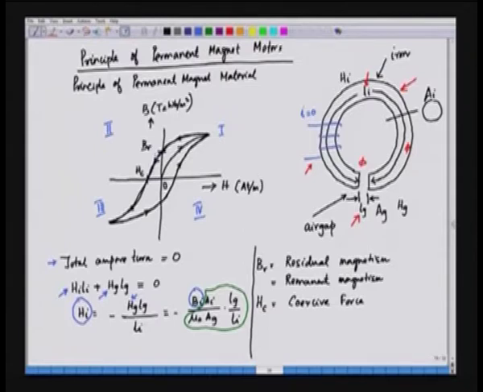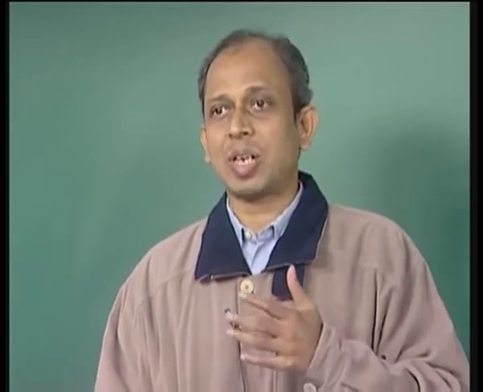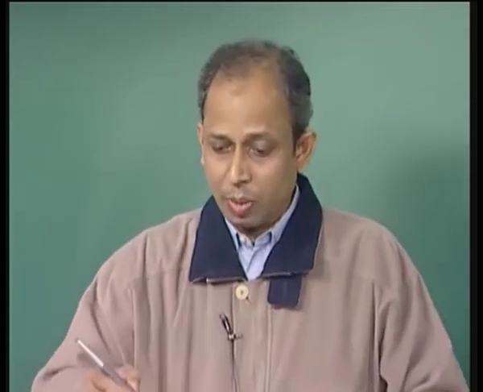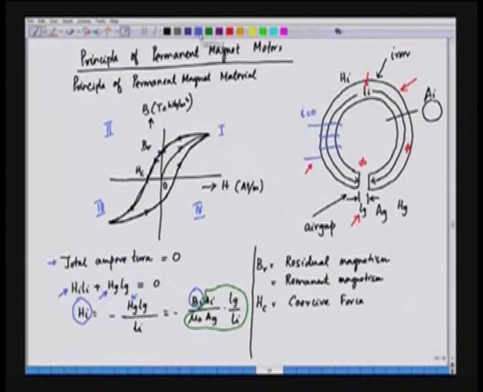The operating point here means a combination of Bi and Hi. Bi is the magnetic flux density in iron, Hi is the magnetic field strength in iron. So, this is our Bi and the corresponding value in the x axis is Hi.